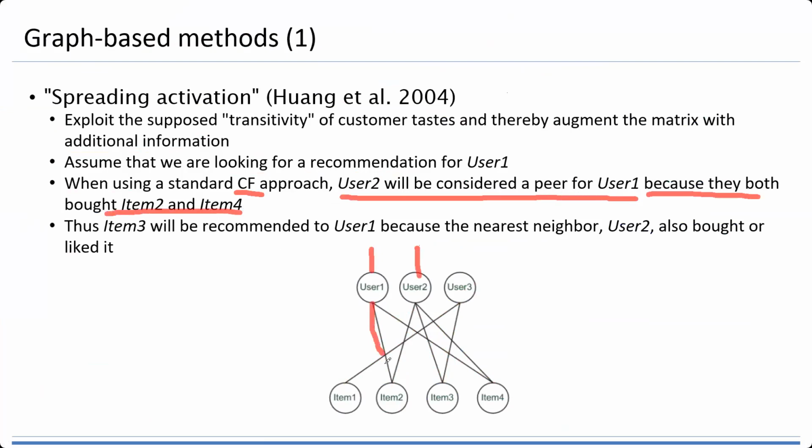User 1, item 2 and item 4. User 2, item 2 and item 4, and there is an item 3. Okay. So at least I know that user 1 and user 2 both like item 2 and item 4. So I can say that user 1 and user 2 are similar.